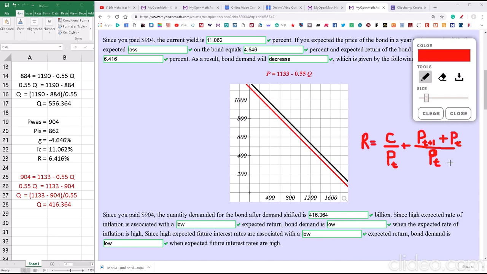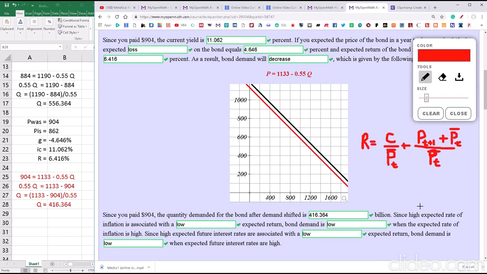Okay, so what does all that mean? Well, I put in the return equation here, but what I did is I put in the price you expect to pay or get in the future, the price that you already paid. These are fixed. There's no change in these. They can't change.